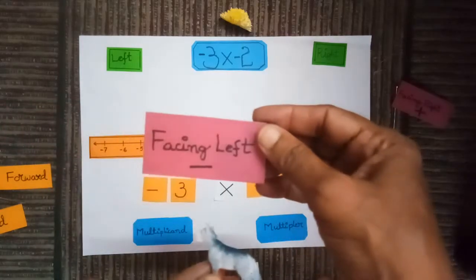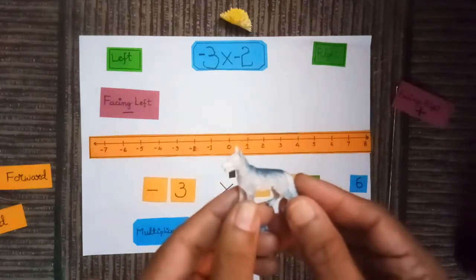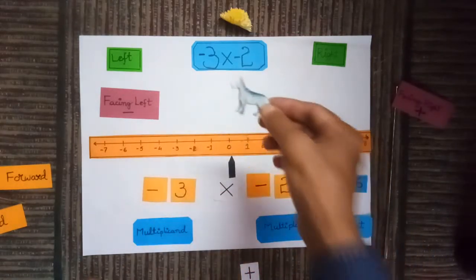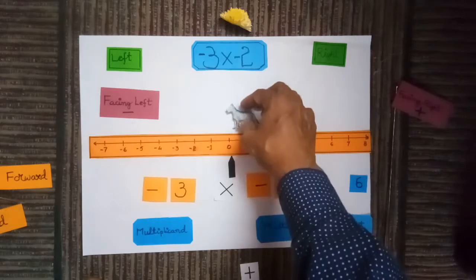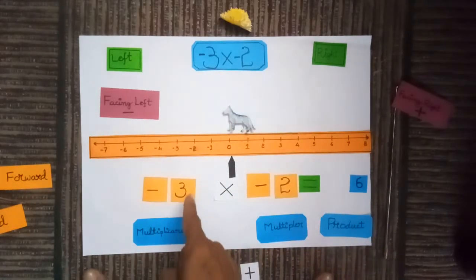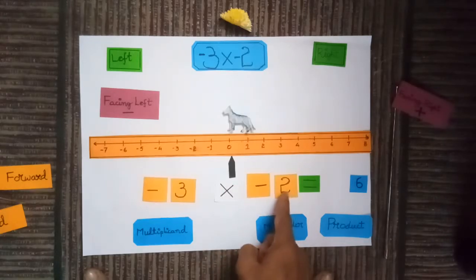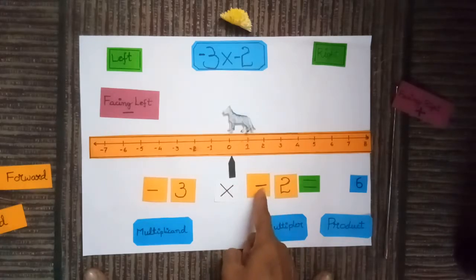Minus sign indicates that the dog has to face the left side. So let us keep the dog like this. So it is facing left, and let us keep it exactly at 0. So how many jumps is it making? That is given by this number 3. It is making 3 jumps. So now this is to be multiplied by minus 2.